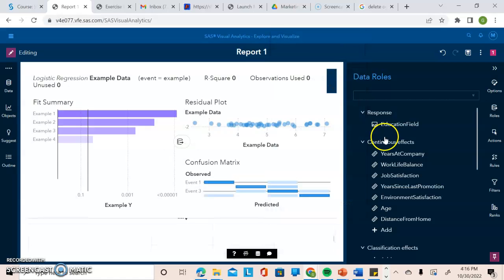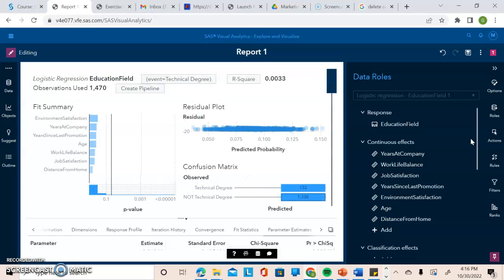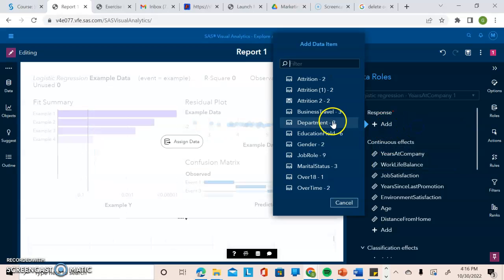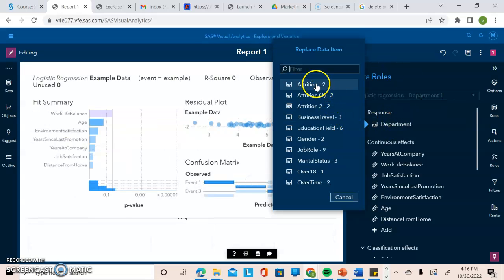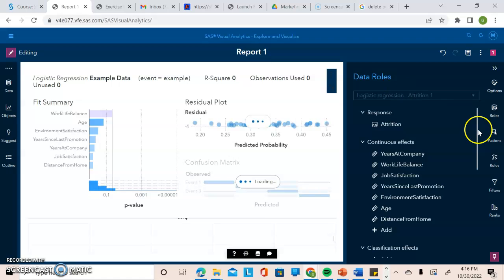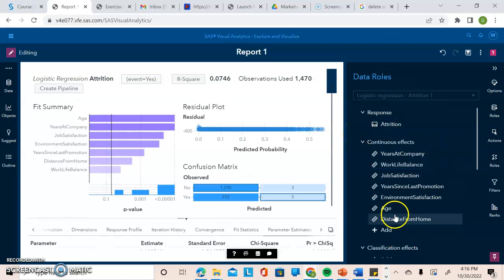Maybe we'll do education field just to try some different things out, and that R squared is very small. So attrition seems to be the best fit here, but again, this model is just not doing a good job of predicting the employee attrition number.